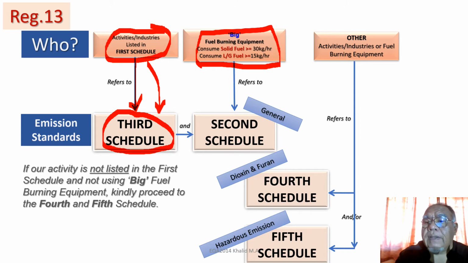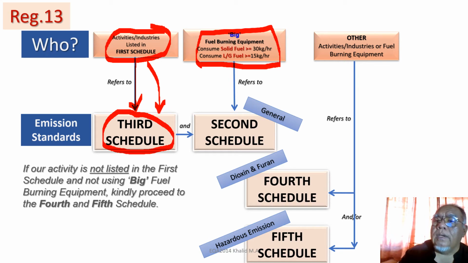So it's all covered in the third schedule for activities listed in the first schedule. What I mean is, those in the first schedule don't have to refer to the fourth and fifth schedule anymore. Got it? And those other industries subscribing to the fourth and fifth schedule don't have to refer to the third schedule. Okay, but the second schedule, we're going to discuss that. There are some situations, as the case may be, that we need to discuss.